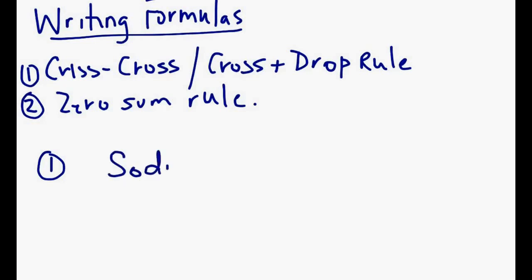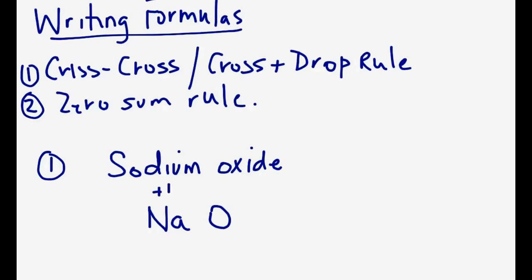and you're going to need to know your charges for your ions. So, sodium, the element is Na, and oxygen is O. So you write the charges above the elements, and when you do the cross and drop rule, you cross and drop just the numbers.